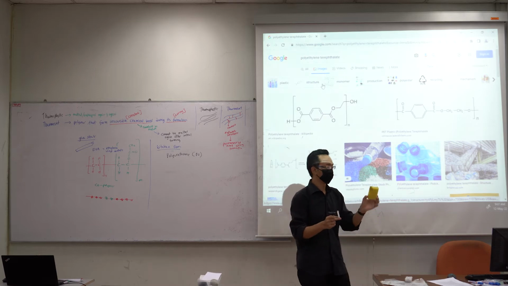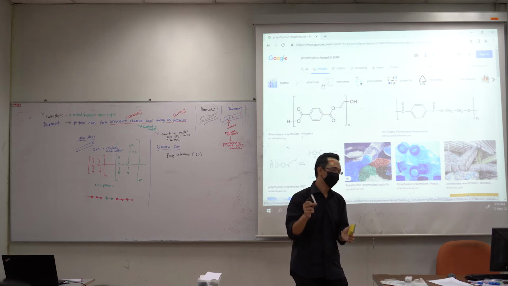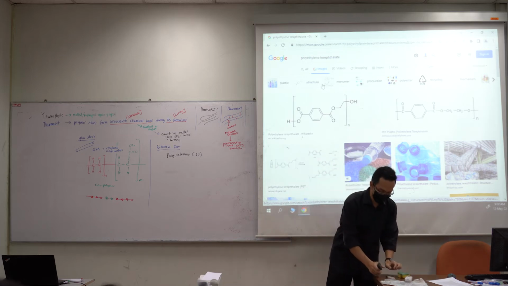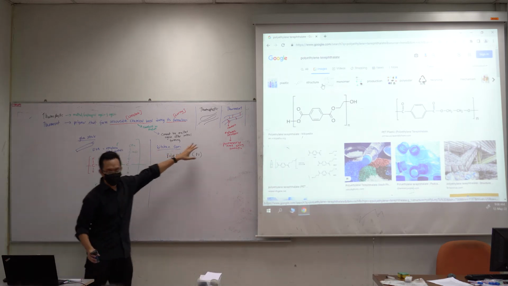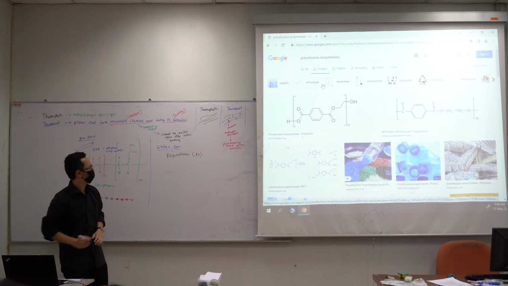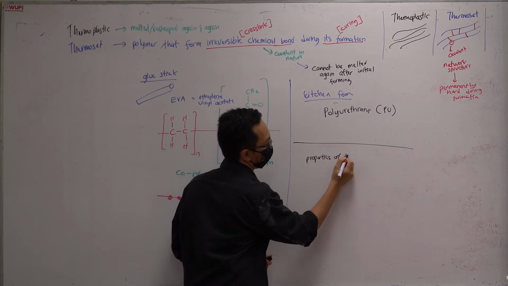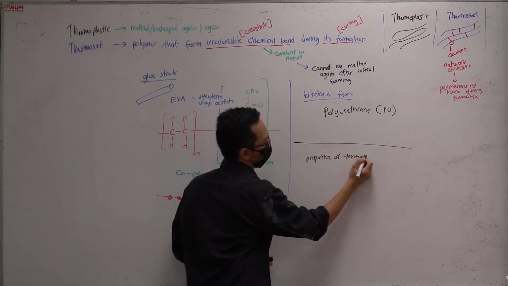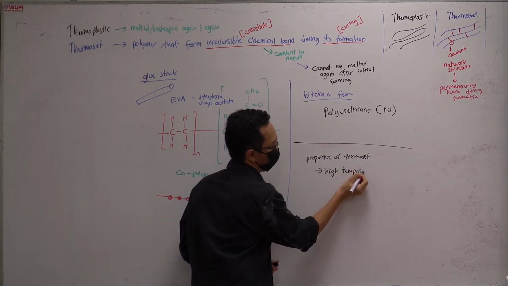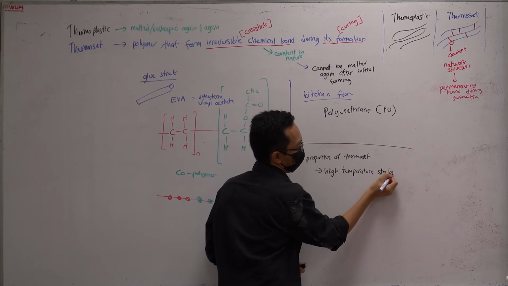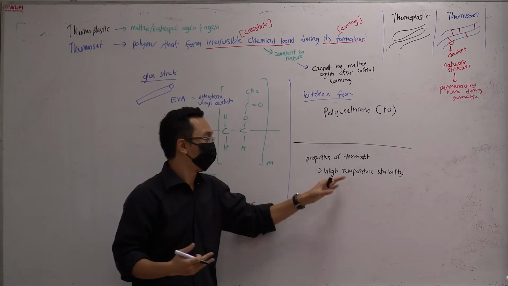Does this mean that thermoset has lower temperature tolerance than thermoplastic? The answer is no. Because of the 3D network, one of the properties of thermoset is high temperature stability, meaning that you need high temperature in order to burn this.